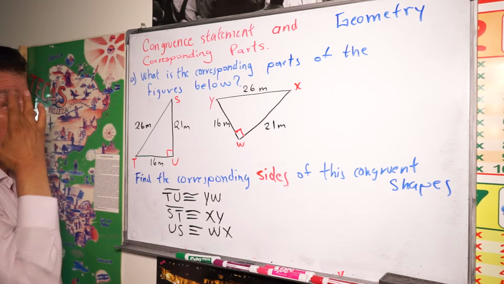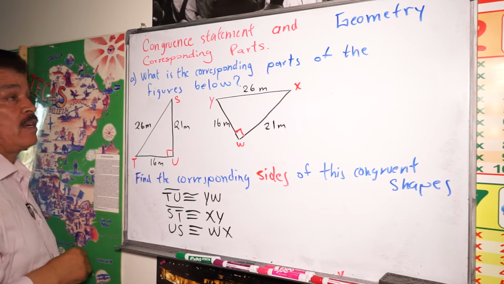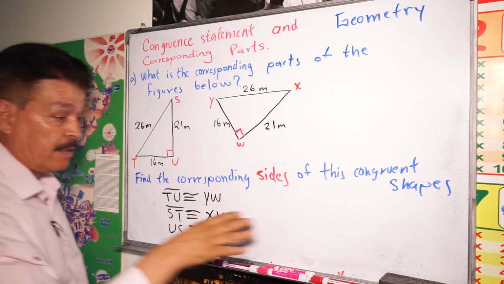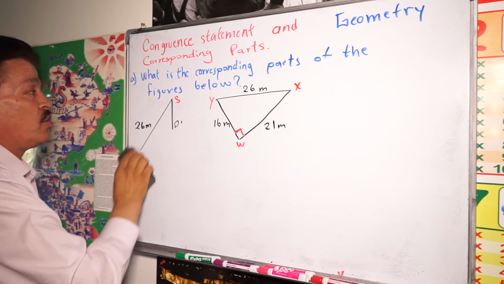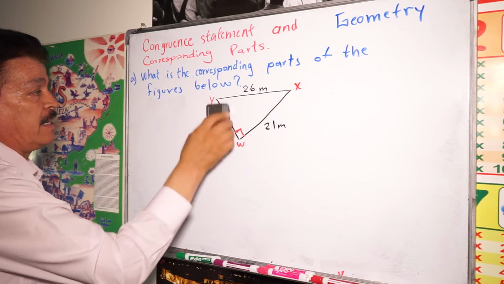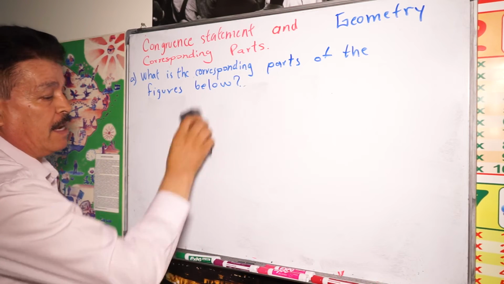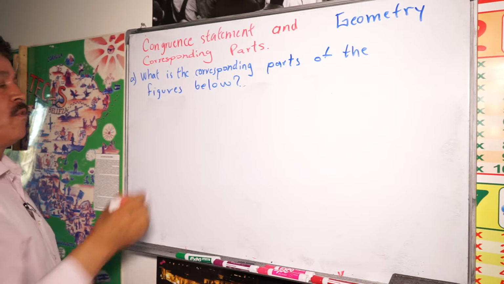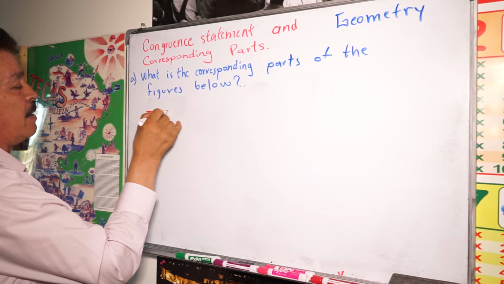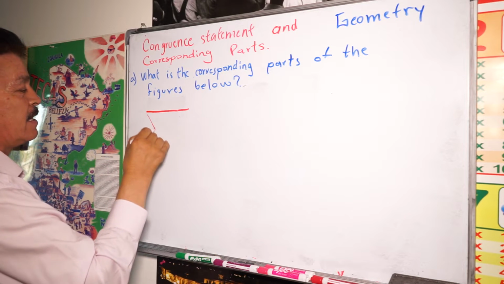We are talking about the congruence statements and corresponding parts. Okay, let me show you another kind of shape. These shapes have four sides. Let me draw a picture like this.